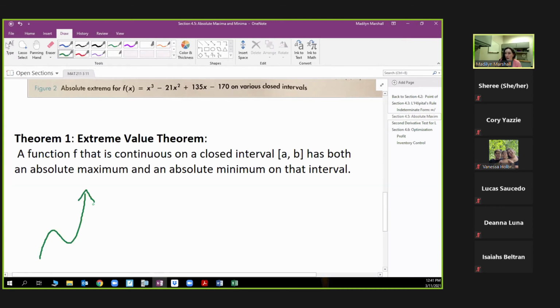For example, if our function goes on forever in each direction, there is actually no absolute max or min here, because it's going off to infinity in each direction, so it never actually reaches an endpoint. But if we take that same graph and cut it off onto a closed interval, which is what the AB part is, now it does have an absolute max and absolute min.